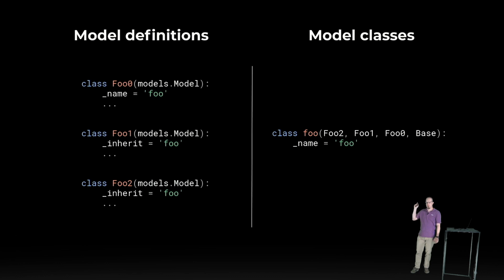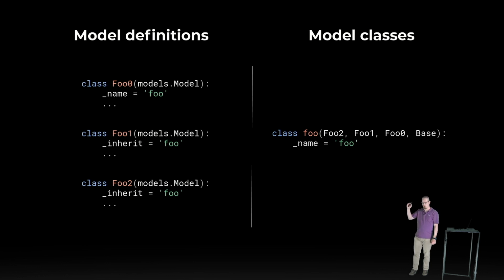And the base classes are crucial. If you look at in which order, for instance, an attribute lookup or a method lookup will occur, we will first look up foo2, that is the last class that defines the model, then foo1, the before last, and up to foo0, which is the one that defined the model first.